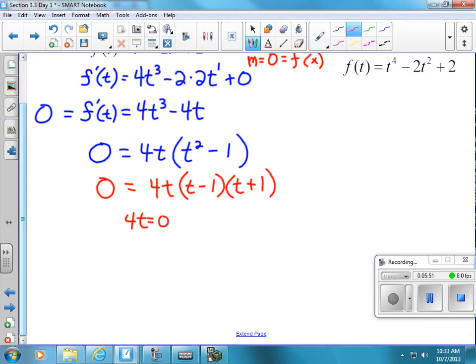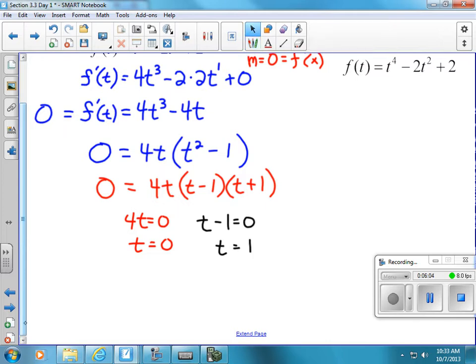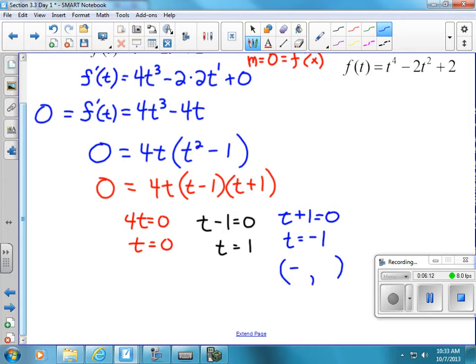We have 4t equals 0, so whenever t equals 0, we have a point. We have t minus 1 equals 0, therefore when t equals 1, we have a point. And last but not least, t plus 1 equals 0, and therefore t equals negative 1 gives us a point. So we should find each one of these points. What we need is to find the y value for each one of them.